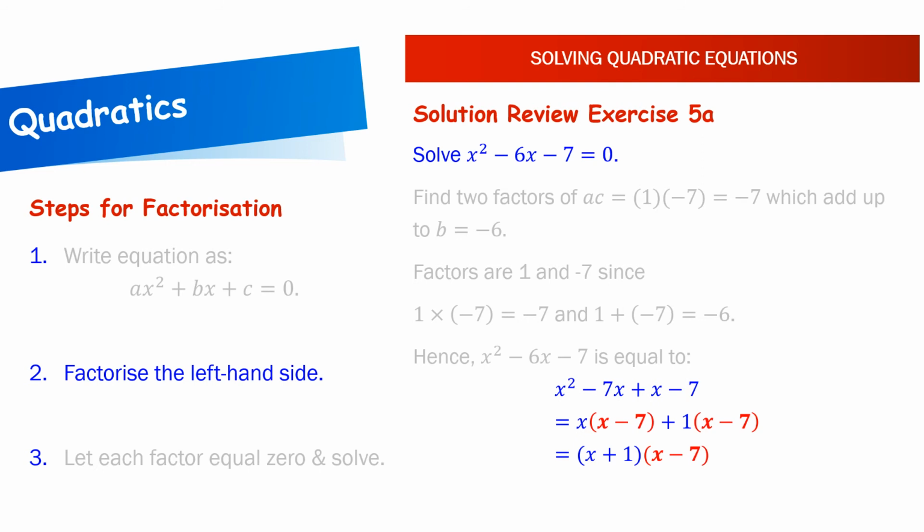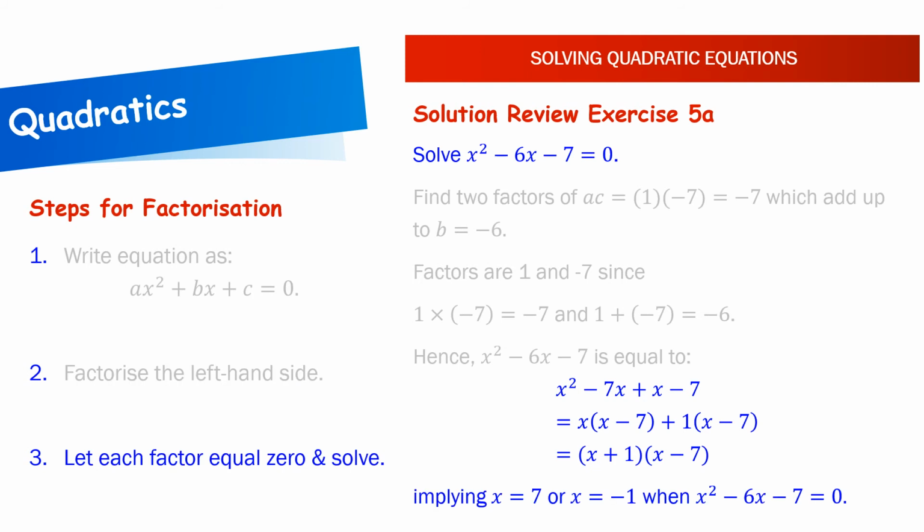And so we can factorize as shown. So we have x plus 1 times x minus 7. This implies that x equals 7 or x equals minus 1 when x squared minus 6x minus 7 equals 0.